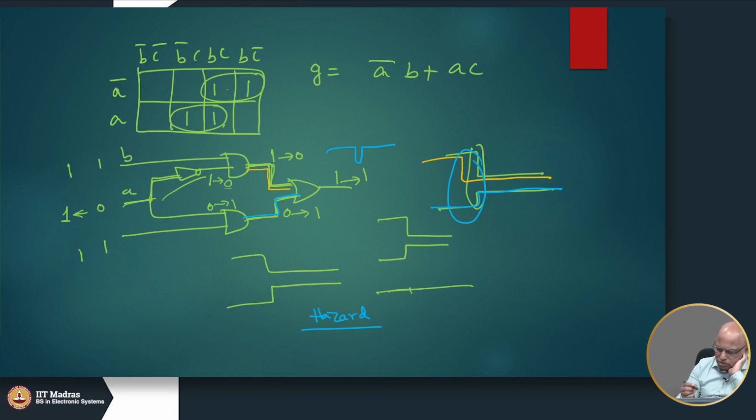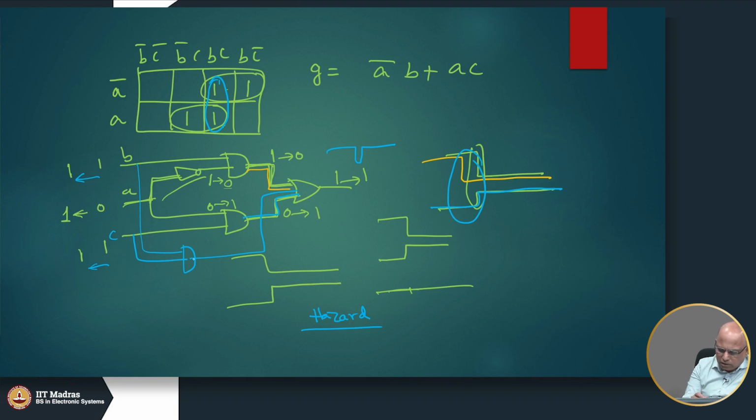Okay. So, some people include a third term. Okay. So, they will add a BC term, okay, another term BC. What is the advantage? See, in this, remember that B has remained same and C has remained same.